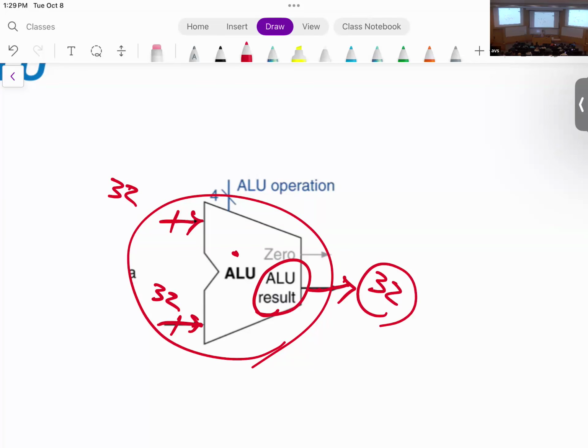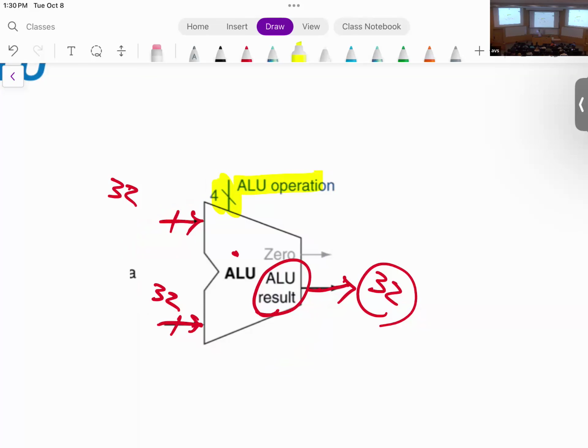But since we have different operations, we might have an XOR, an OR, an AND, and so on and so forth, we need to have a control signal. This control signal is what we call ALU operation or ALU op. Why is it 4 bits? Because we need log 2 of the number of operations that we want to support. Since we are only supporting 10, less than 4 bits would have been enough.